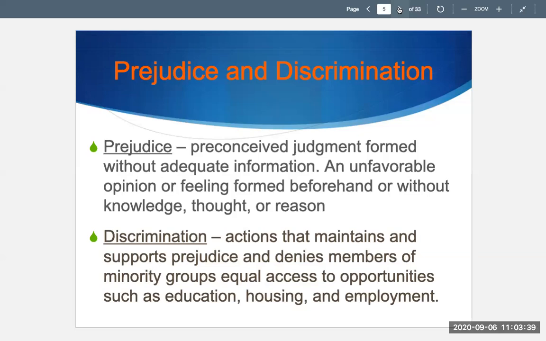And if the way that you perceive people seems contrary to the way that you operate, then it obviously is going to result in discrimination. So again, preconceived judgment, you don't have adequate information, it's an unfavorable opinion, and then you take that opinion and you utilize it as a way of being able to discriminate against a particular individual.